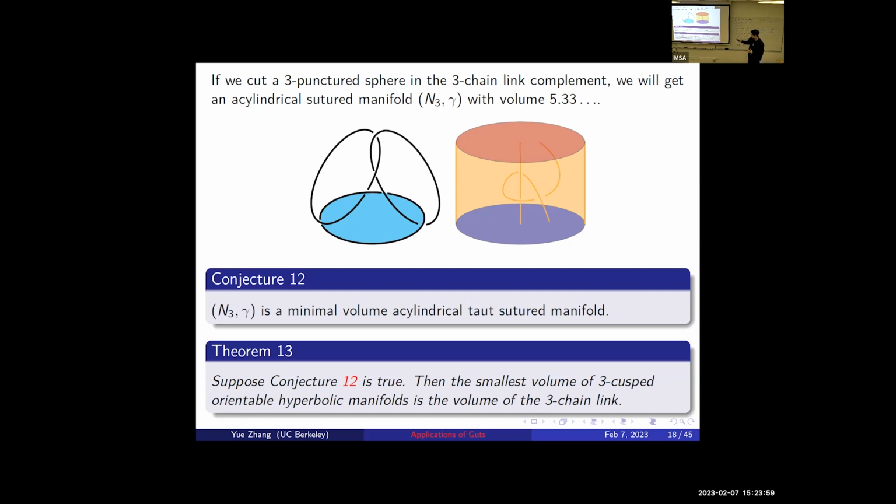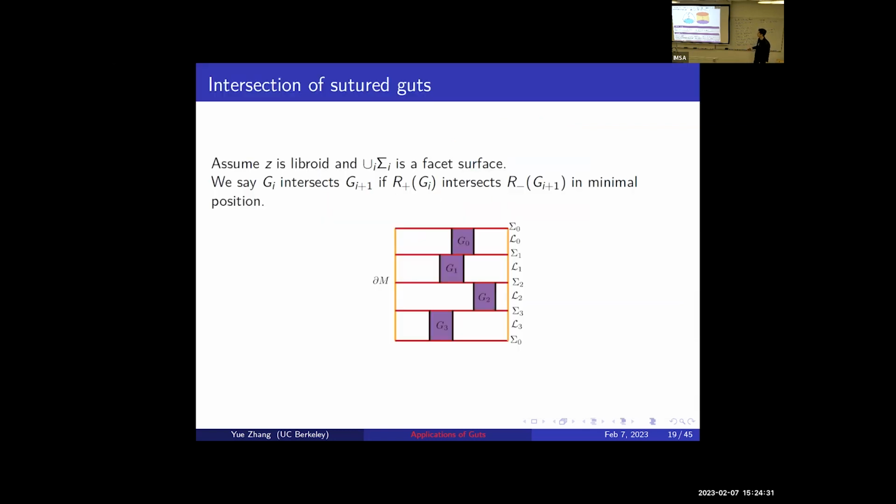And if you cut the punctured superior here, you can have this kind of acylindrical pair manifold, but it's also a sutured manifold because you can just cut along the surface, so you have R plus and R minus naturally. And this volume is 5.33. So we conjecture that this is the minimum volume acylindrical sutured manifold. And if you prove that, then you prove the conjecture.